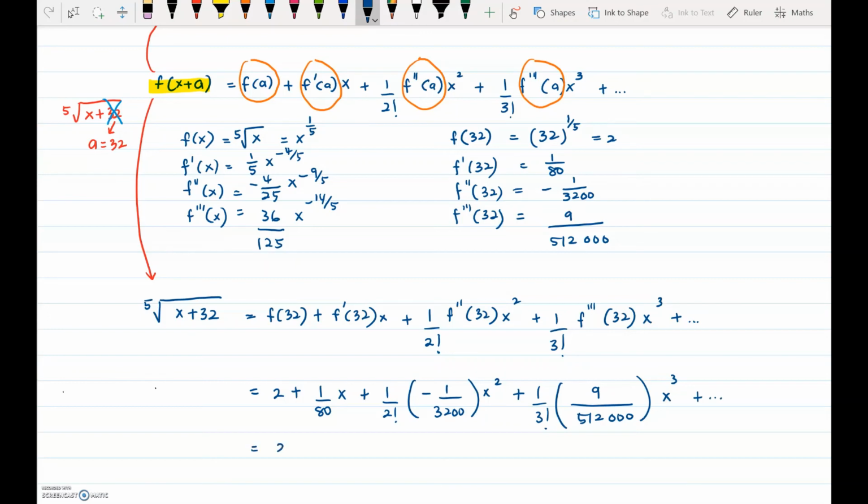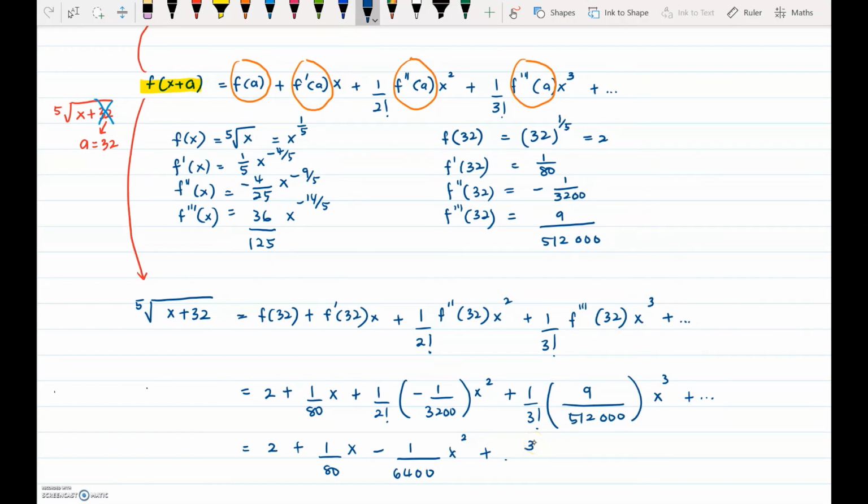So your series will be 2 plus 1 over 80 x minus 1 over 6400 x square plus 3 over 1024000 x cube. Okay, so this is the series for root 5 of x plus 32. Okay, class?